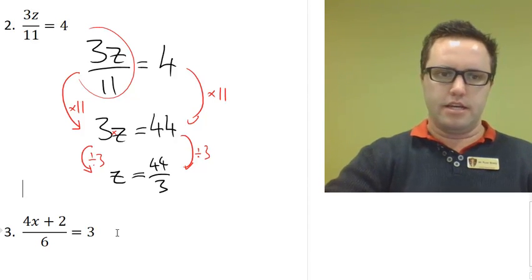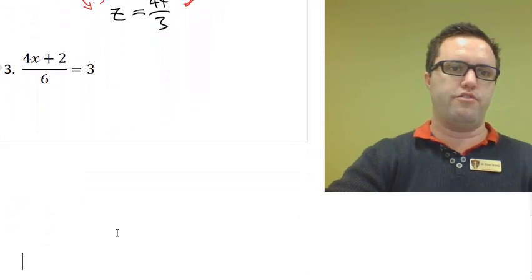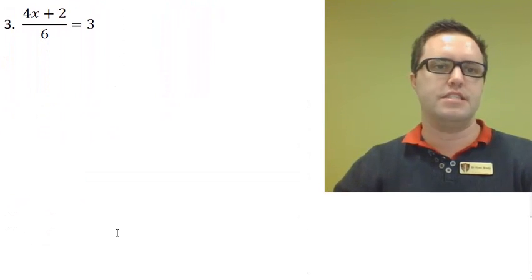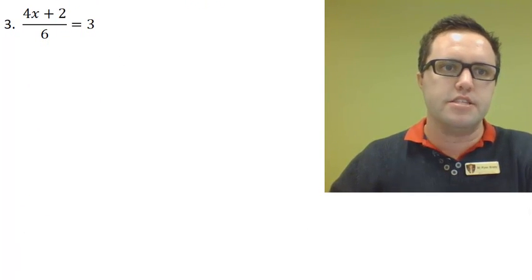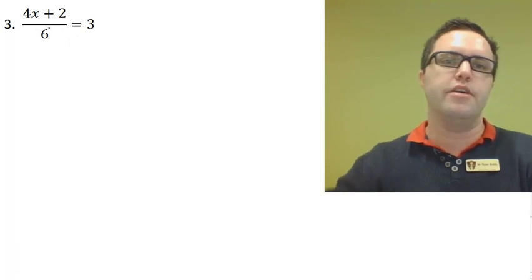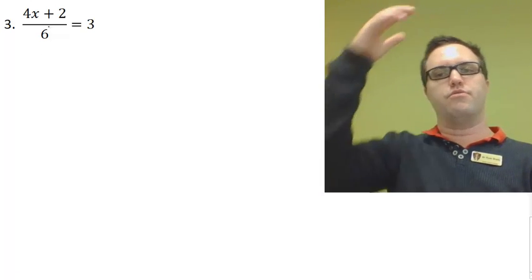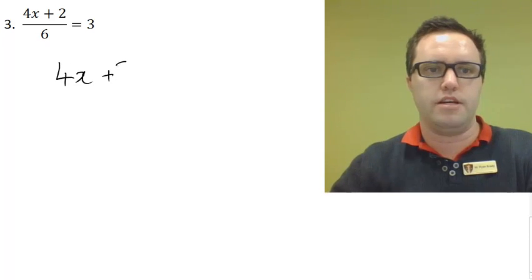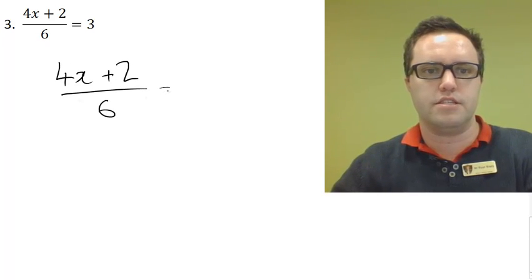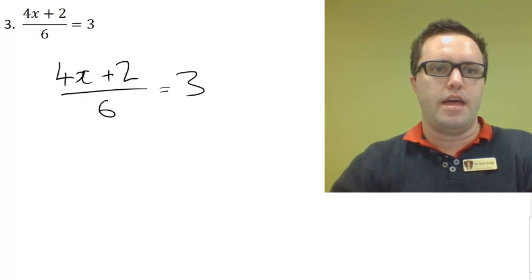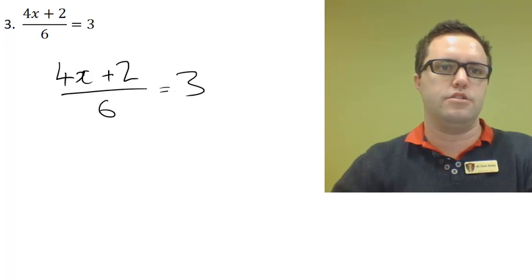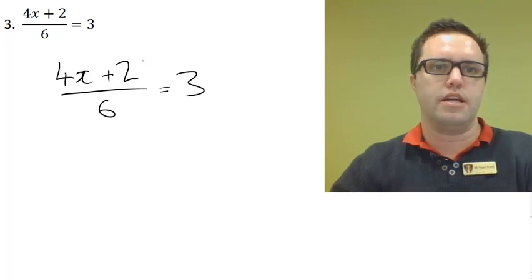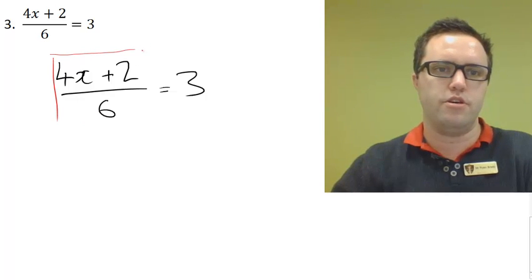Right. Last one here, and it is 4x plus 2 over 6 equals 3. So this one's probably one of the more complicated of these equations with fractions that you'll have to deal with. So 4x plus 2 over 6 is equal to 3. And again, we have just this one single term here, all right?